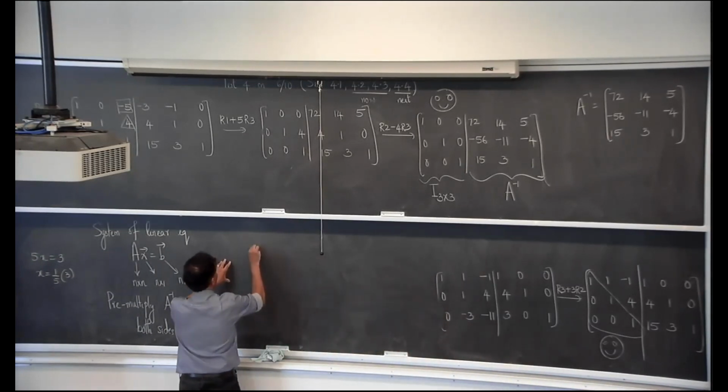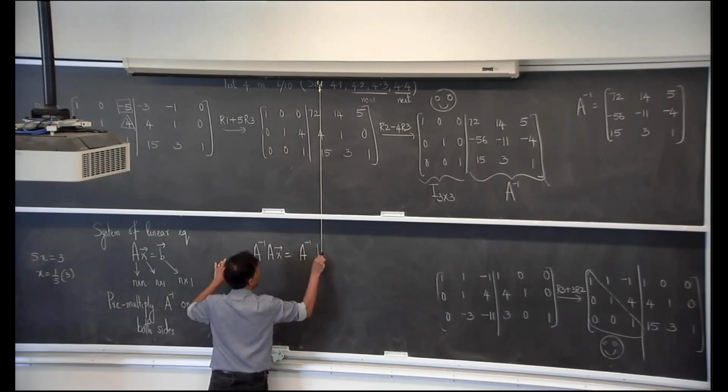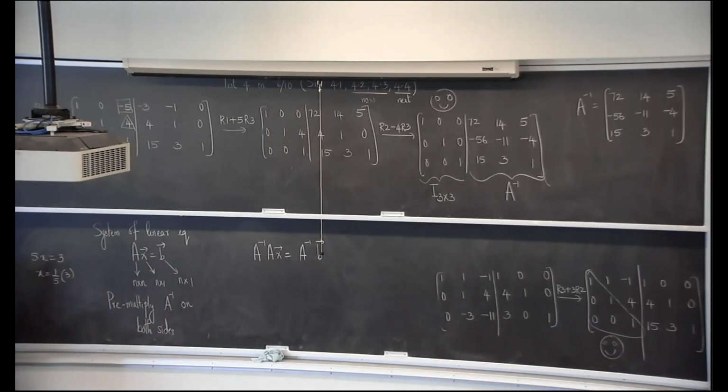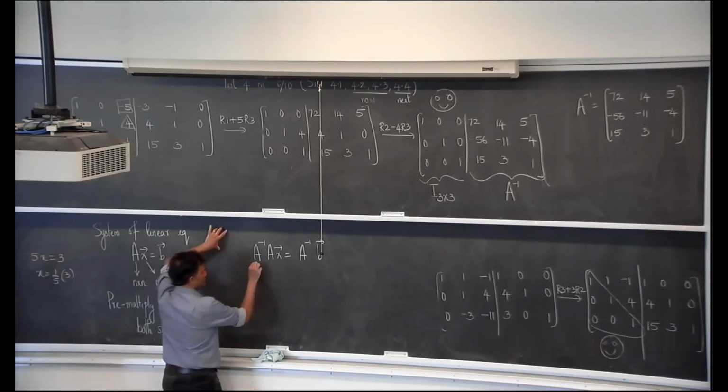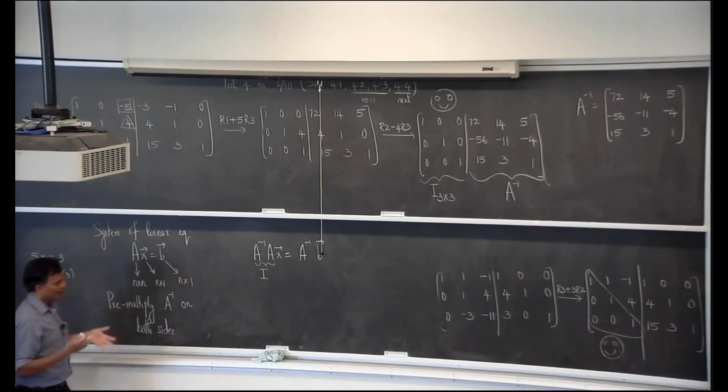And that gives you A inverse times A times x equal to A inverse times b. Because it's an equation, you can multiply both sides by any non-zero number. In this case, it's a matrix. A inverse times A by definition is the identity matrix, which is equivalent to the number 1. Anything that multiplies with I will give you the same thing.